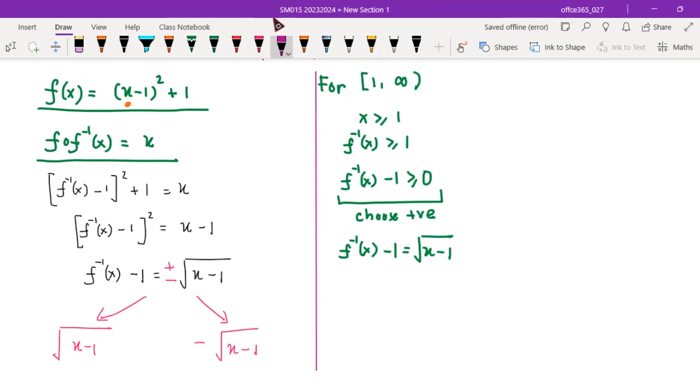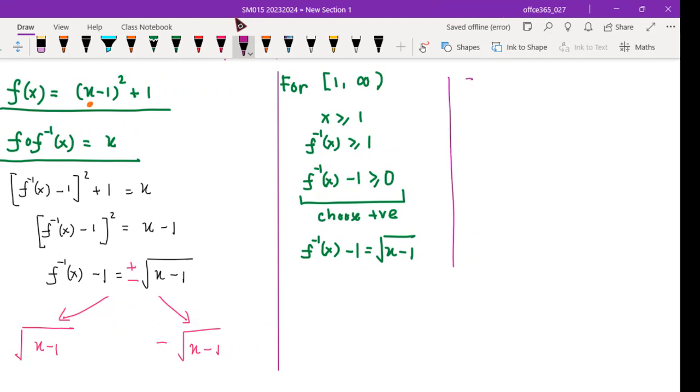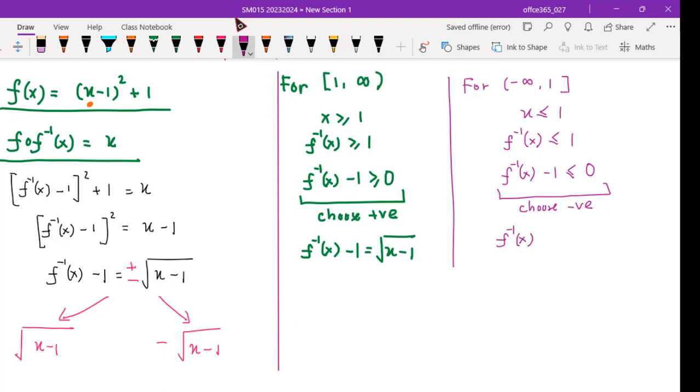In the other case, for negative infinity until 1, x is less than 1, and automatically f inverse is also less than 1. Therefore f inverse minus 1 must be less than 0, so in this case we have to choose negative. So we choose f inverse minus 1 equals negative square root of x minus 1.